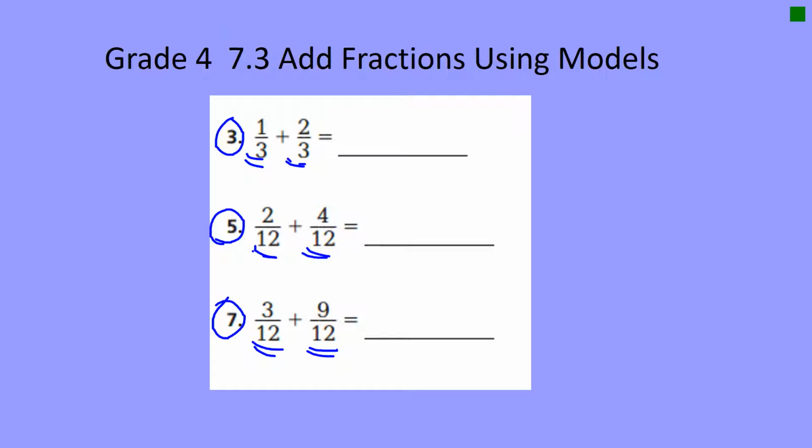That's important because when you add these fractions, you're adding pieces that are the same size. So in number 3, you're adding thirds. In number 5, you're adding twelfths. And in number 7, you're adding twelfths. Okay, that's important. So let's take a look at number 3.